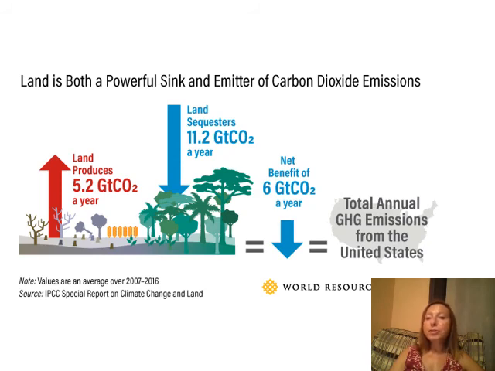It sequesters about 6 gigatons of CO2, which is equivalent to the total annual greenhouse gas emissions of the United States. By land, I mean vegetation and soils. So this is definitely food for thought on how better land use practices can play a very powerful role in helping us reduce emissions and sequester part of the carbon already emitted into the atmosphere, and how it can help regulate our climate.